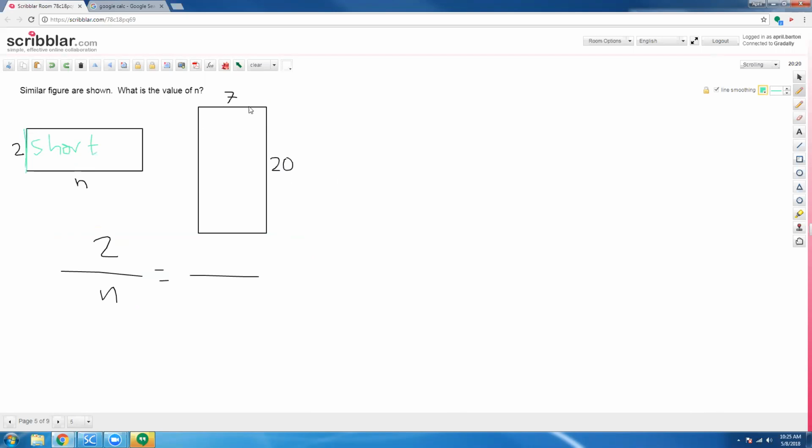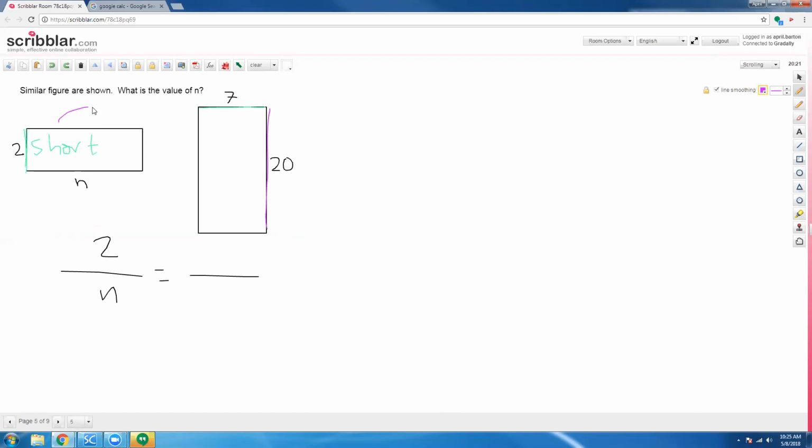we can tell by the actual numbers on this shape, but you can also tell by the sides. This one is actually physically smaller than this side right here. So the 7 is the shorter side, and it corresponds to the 2 that's also the shorter side.